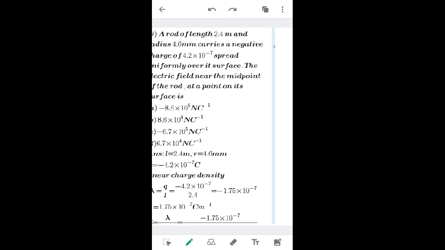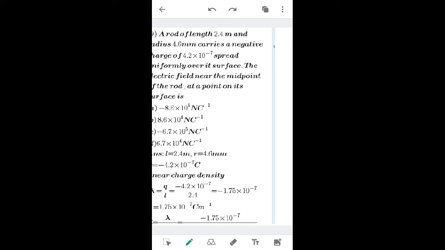Length equal to 2.4 meter, the radius is 4.6 millimeter and the charge is minus 4.2 into 10 raised to minus 7 coulomb. So linear charge density is given by lambda equal to q upon L.